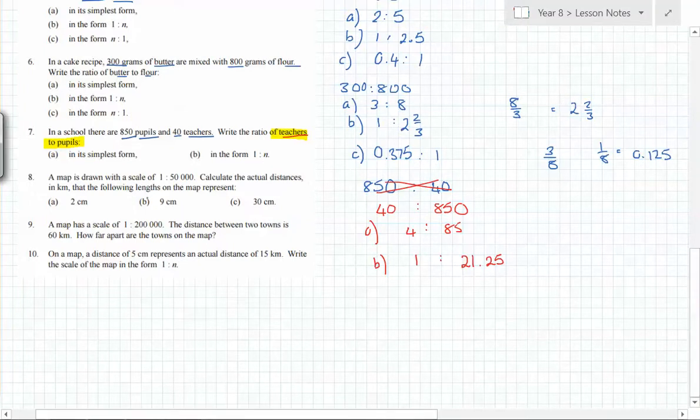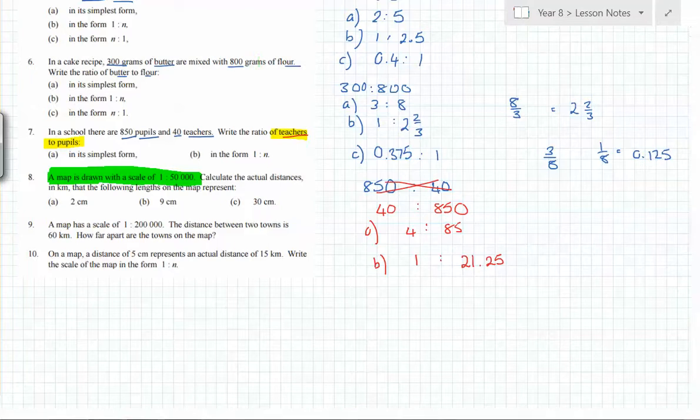Now, can I just say one thing before I let you get on? Some of you are on this question now. It's quite an important one, because you're going to use this in another subject, and this is a normal question to be asked in maths, in geography. A map is drawn with a scale of 1 to 50,000. Now, a map scale is meant to be used so that you don't need units.